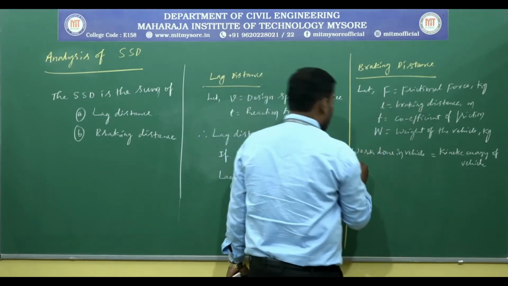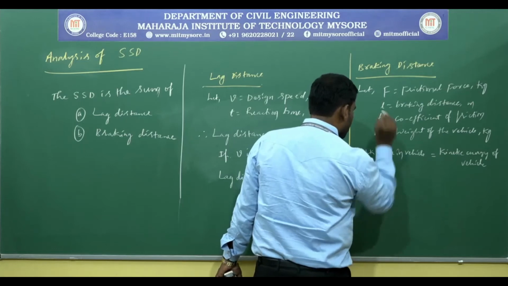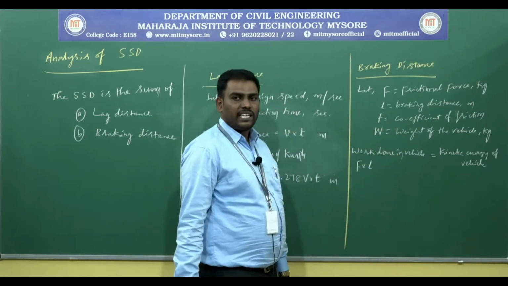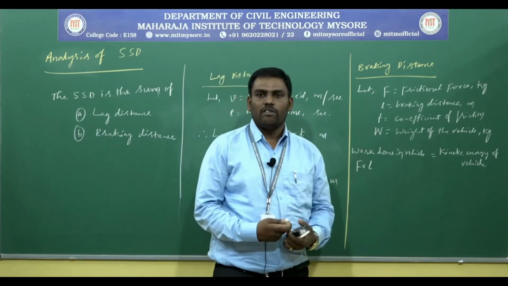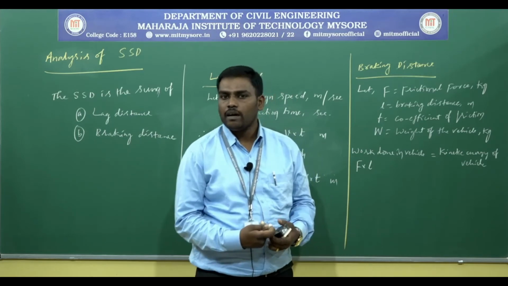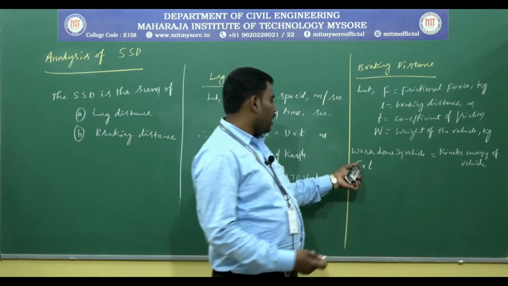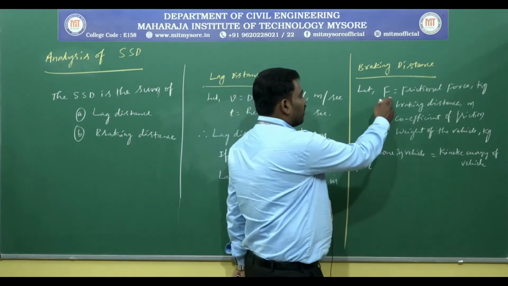We know that the work done in the vehicle is the product of the frictional force developed and the braking distance, that is, capital F multiplied by small l. Force multiplied by distance gives the work done.